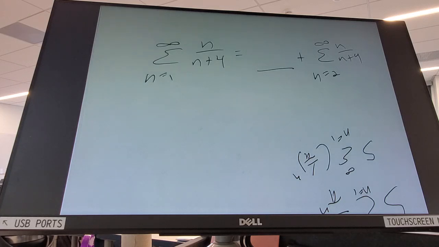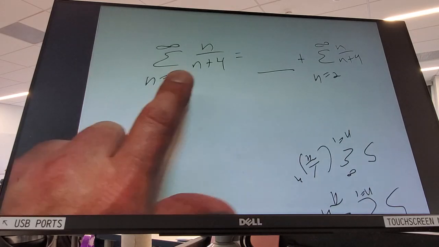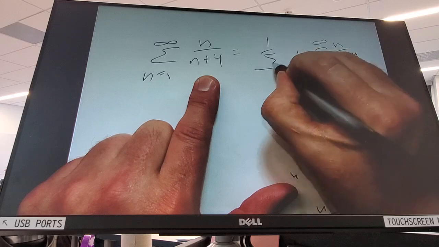And I kind of gave it away with the blank space, yes? What do I have to figure out to put in that blank space? It's related to the one we just did. Yes, the first term, right? What's the first term of that series? 1/5. So this will be 1/5 plus the rest.